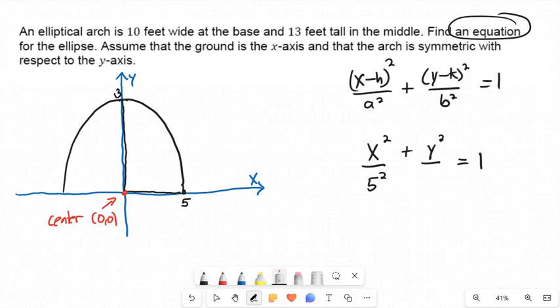And from the center to the edge of the ellipse in the y direction is 13. Then we need a 13 squared underneath the y squared term. And now we can change the 5 squared to 25 and the 13 squared to 169. We don't have to. We can call that the equation if we want.